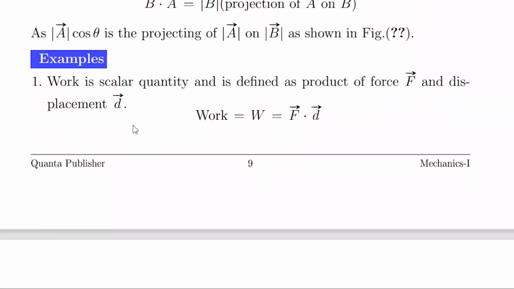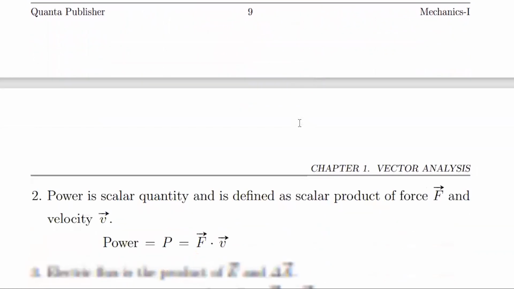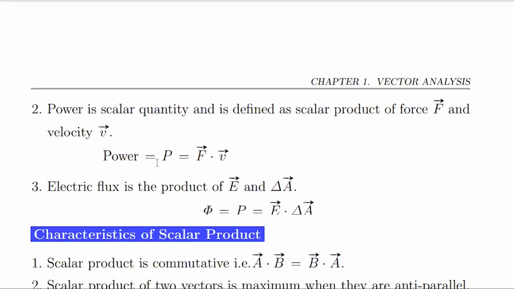These are some examples commonly used in physics. For example, work. We know that work is a scalar quantity, and it is a product of two vectors, force and displacement. That's why we call this product a scalar or dot product. Similarly, power. Power is a product of two vector quantities, force and velocity, but power is a scalar.